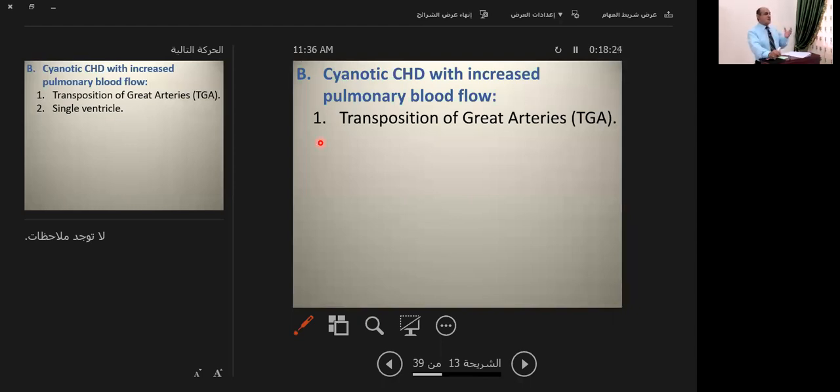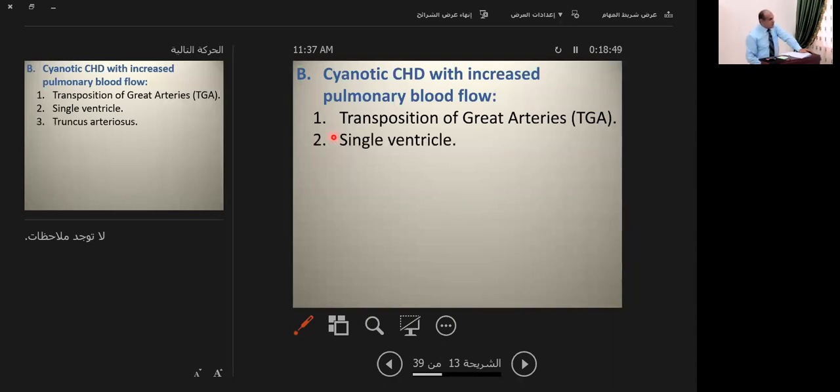So the deoxygenated blood coming to us is pushed again to the circulation through the aorta, and the oxygenated blood coming from the pulmonary circulation is put again to the pulmonary circulation. So this is what I mean by the transposition of the great arteries.